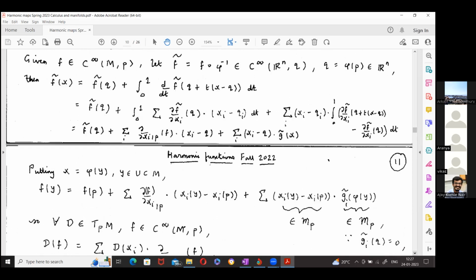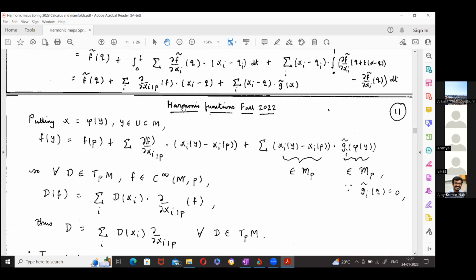So now if we put x equal to φ of some y, so x was a point in Rⁿ near Q, which was φ of P. So x is going to be of the form φ of y, where y belongs to a neighborhood U of P. Okay. So then f̃ of x is just going to be f of y.